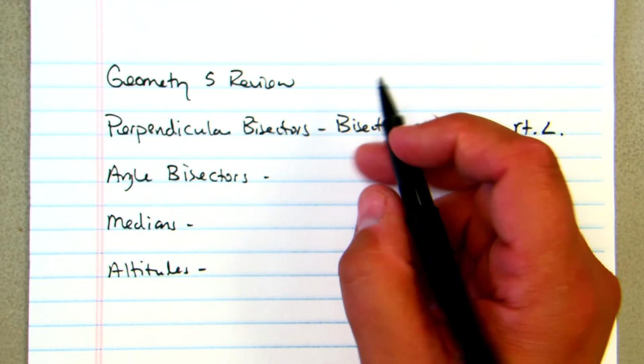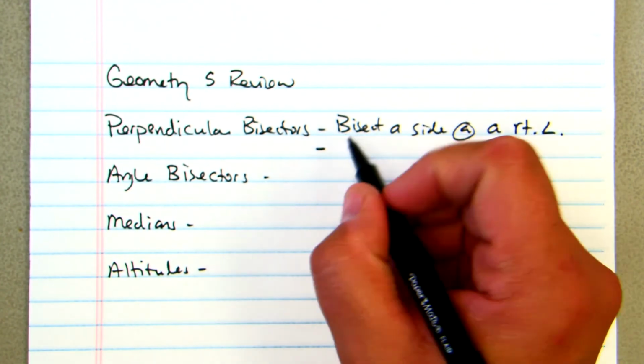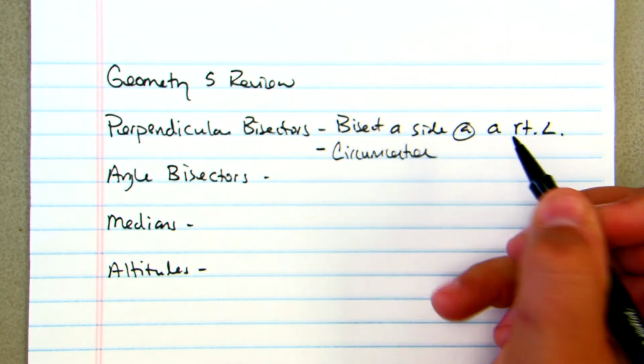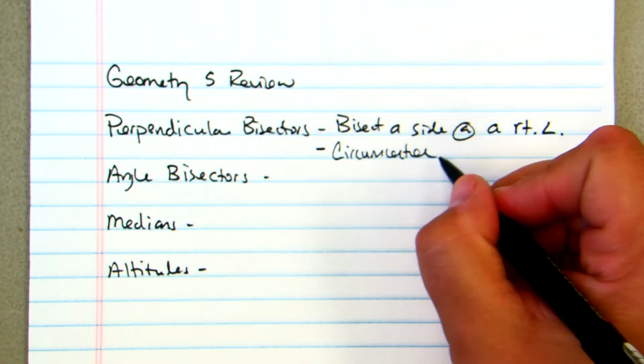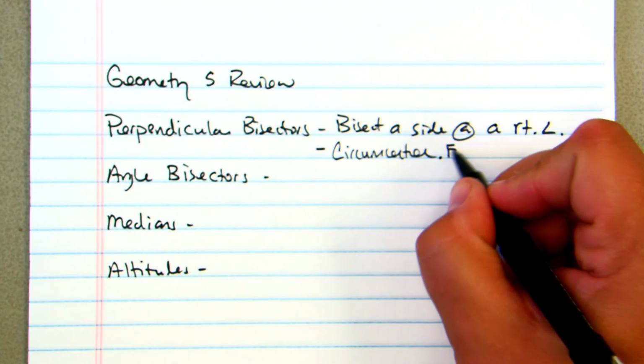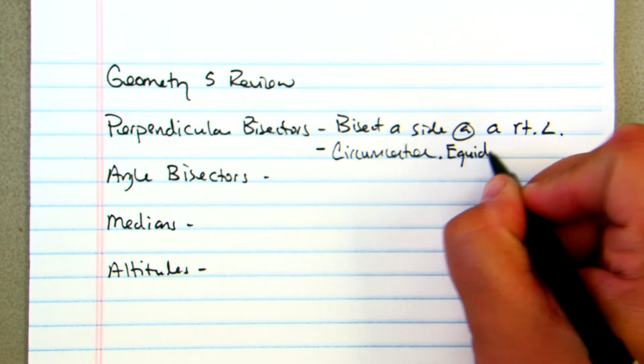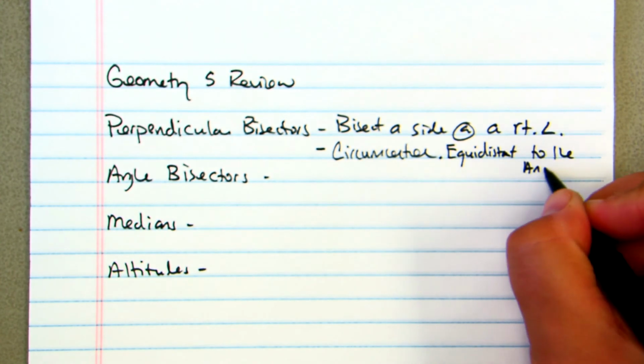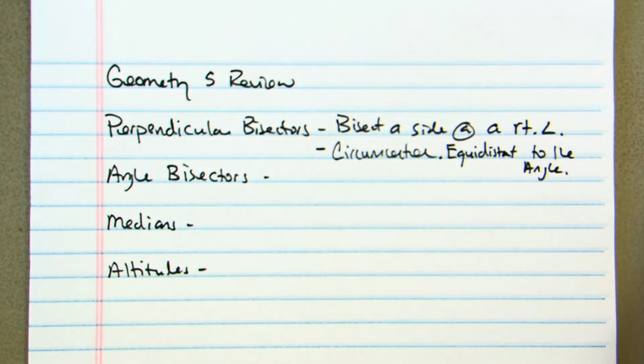The point of concurrency for the perpendicular bisectors is called the circumcenter. The circumcenter is equidistant to the angles, and that's important because it's going to be a little different for the medians.